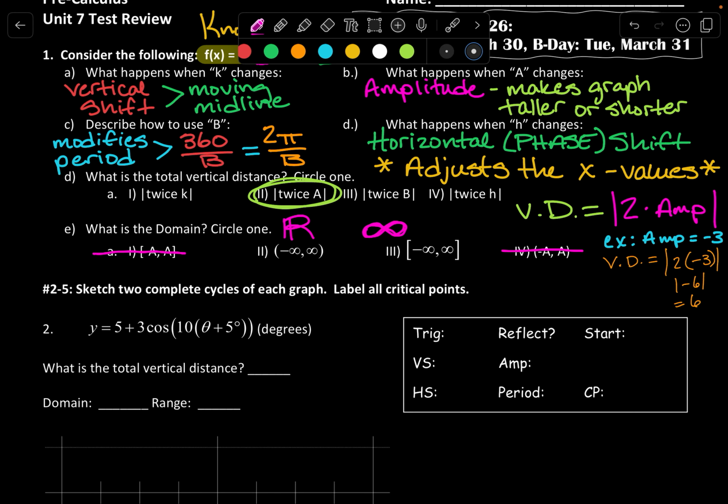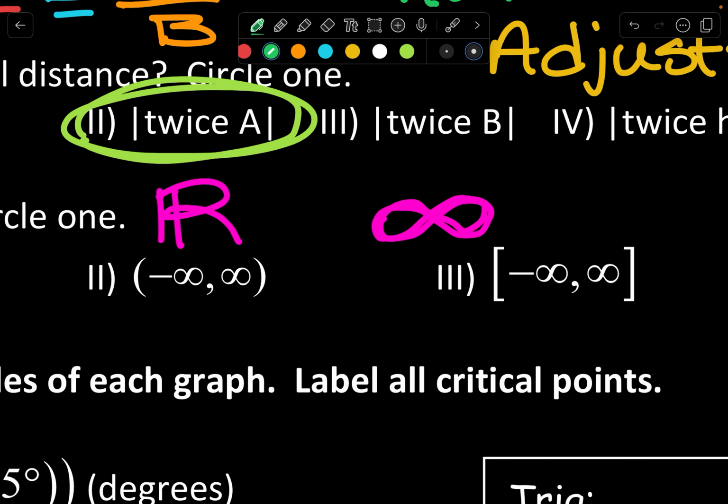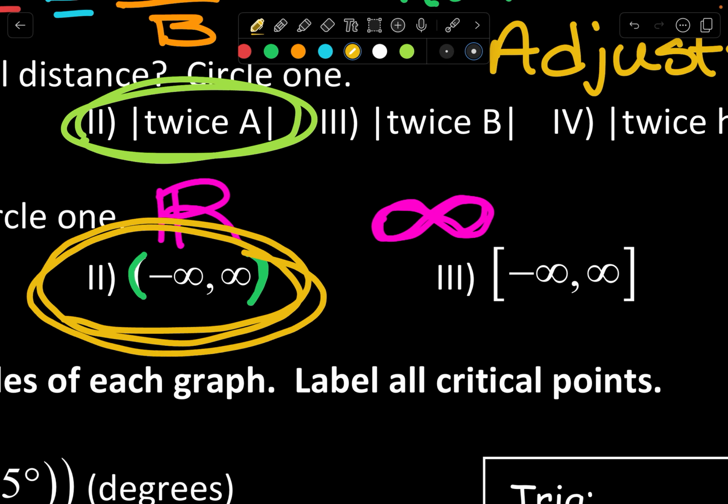It goes from negative infinity to positive infinity, and we want to use parentheses because you can never actually include infinity. Brackets mean included. There's always another number when you're talking about infinity. There's always a number higher or one more number lower. So you can never actually include infinity.